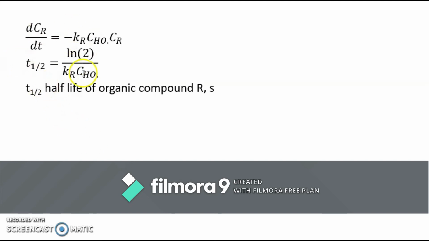And as you see, this is a function of hydroxyl radical concentration. So if we have the higher concentration of hydroxyl radicals, the half-life would be shorter, so the reaction would be much faster. So in shorter period of time, we are going to reach the half concentration of organic compound.